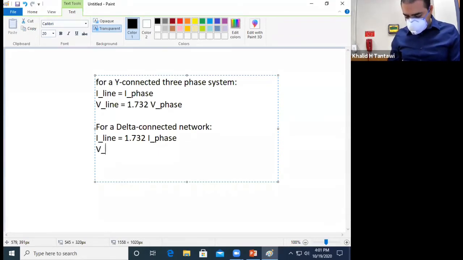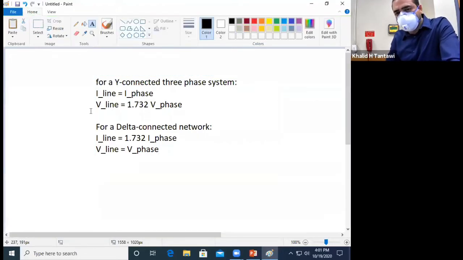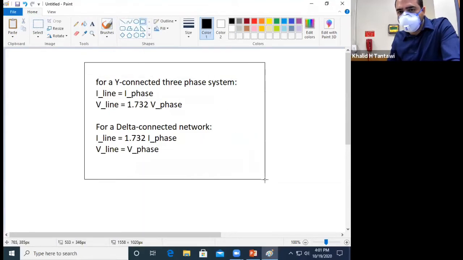And V line is equal to V phase. This is it. This is really a summary of everything in this chapter.